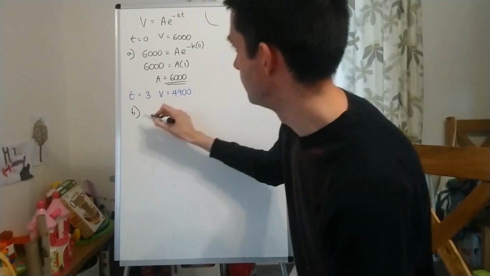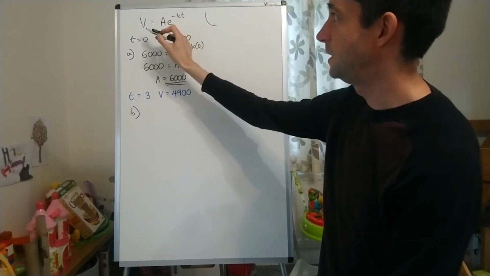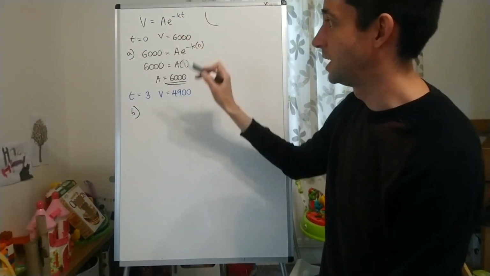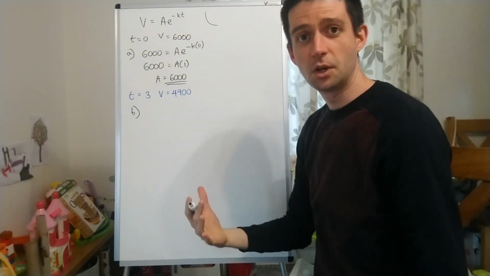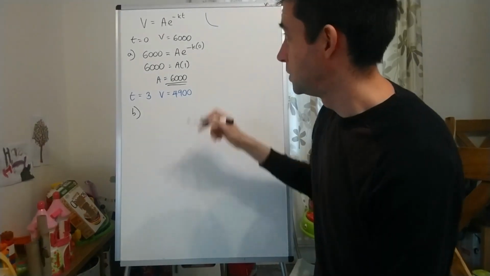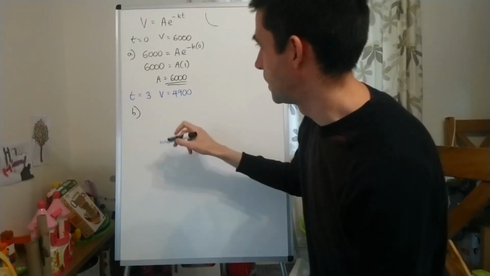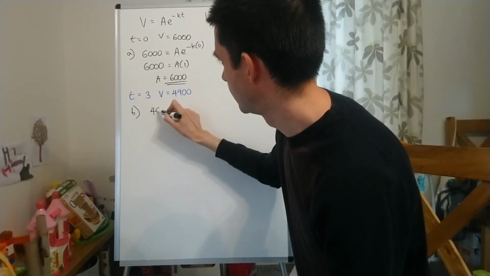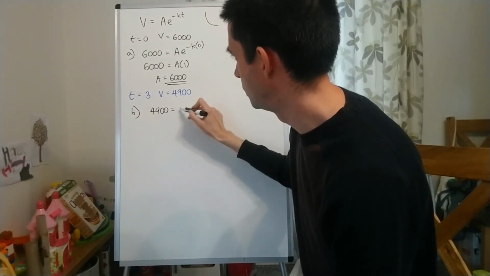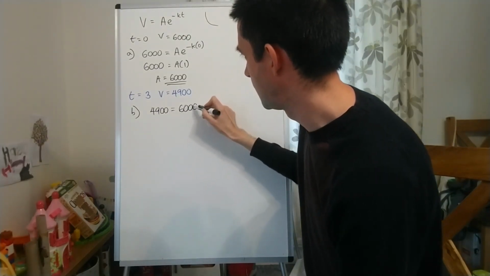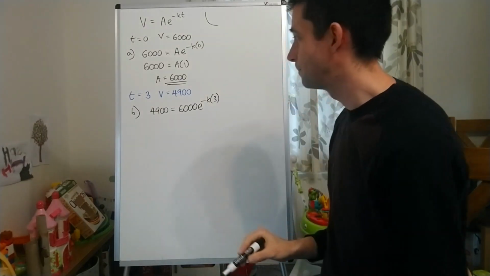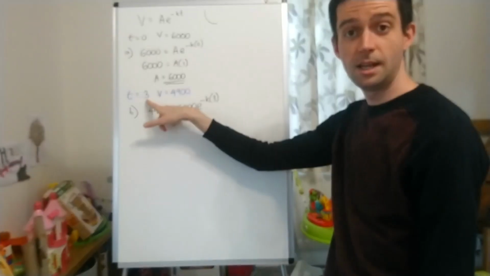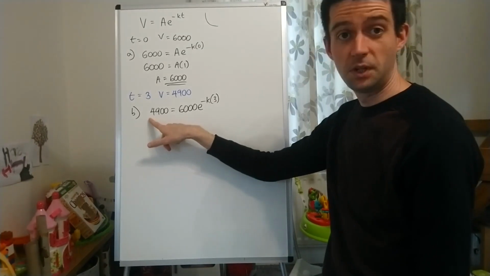So, part B, using this equation, v equals a e to the negative kt, I now know that a is 6,000, and because it's a constant, it's not changing, so it's still 6,000 in part B. So I can now say that 4,900 equals 6,000 e to the negative k times 3, because 3 is my value of t for this value of v.